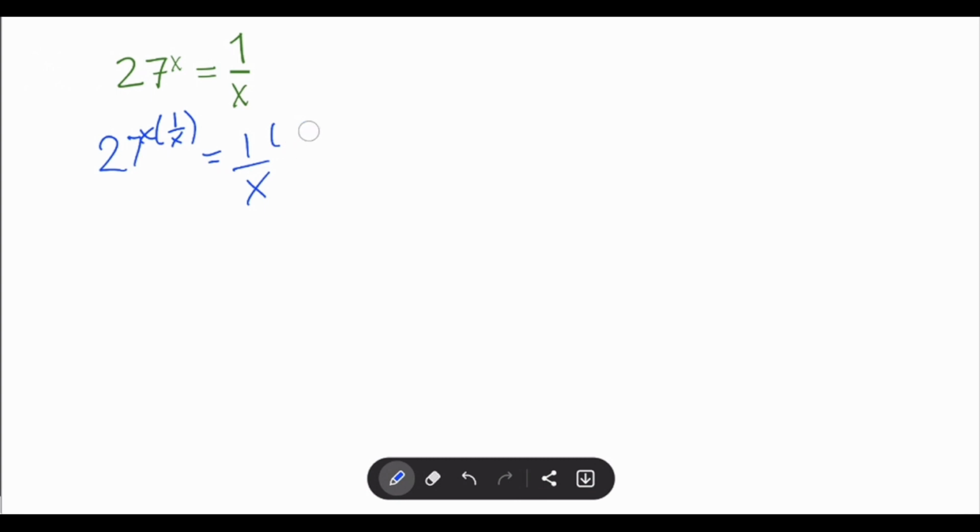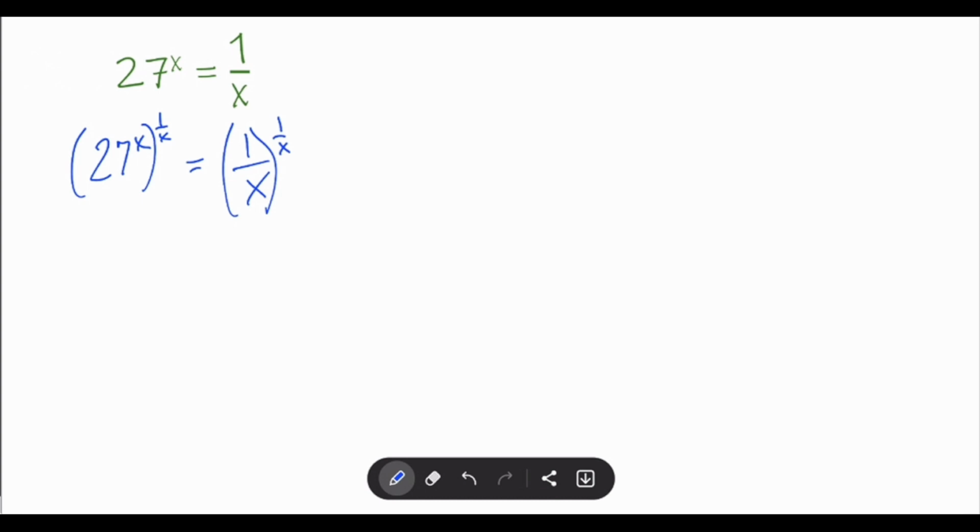You can do this as long as you are doing it on both sides, so let me put a parenthesis for both sides. Since you're doing it on both sides, the equation is still equal. You didn't alter the value.